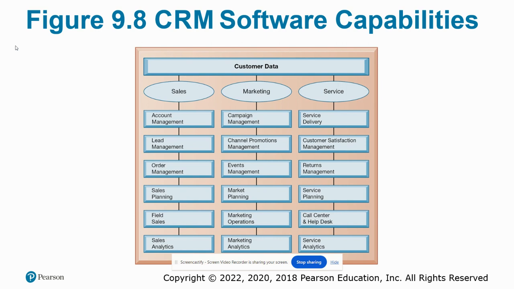The major CRM software products support business processes in sales, service, and marketing, ultimately integrating customer information from many sources. Included is support for both the operational, or the front end, and the analytical aspects, or the back end, of CRM.